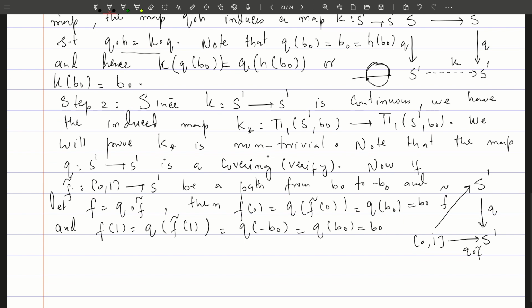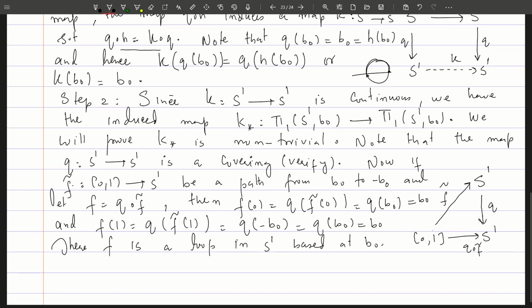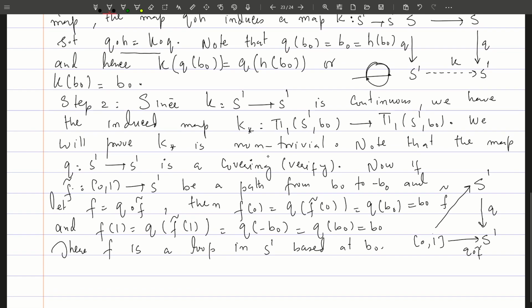So therefore f is a loop in S1 based at b naught. Hence the homotopy class of f is an element of the fundamental group of S1 based at b naught.